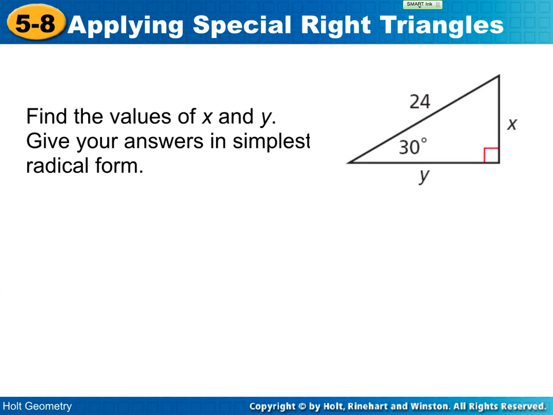And instead of finding the hypotenuse, you're going backwards. So instead of multiplying to find it, you're going to divide to find a different side. And then find what y is after you find x. What's the pattern for the hypotenuse?